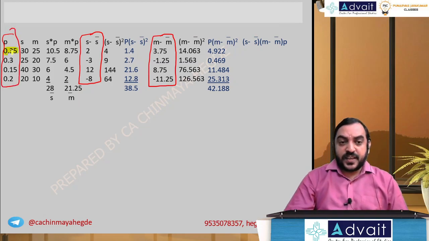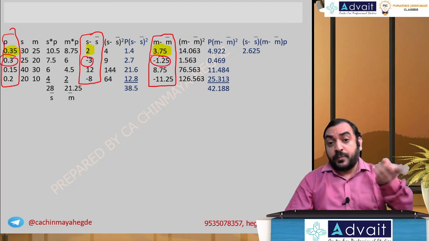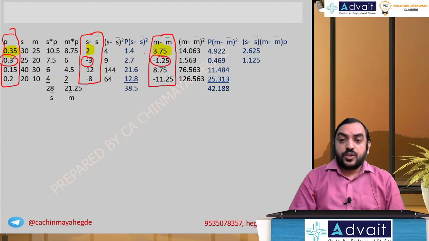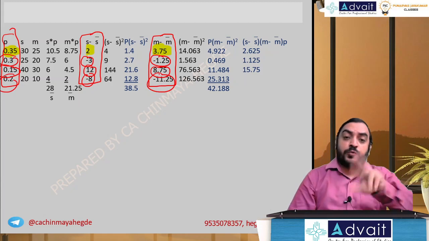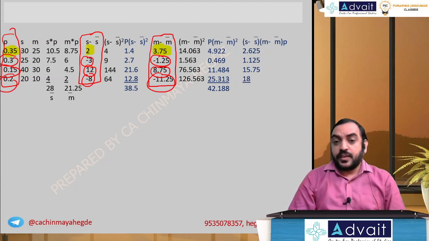So 0.35 into 2 into 3.75, 2.625; 0.3 into minus 3 into minus 0.125, minus of minus plus 1.125; 0.15 into 12 into 8.75, 15.75; 0.2 into minus 8 into minus 11.25, minus into minus plus 18. Total 37.5.